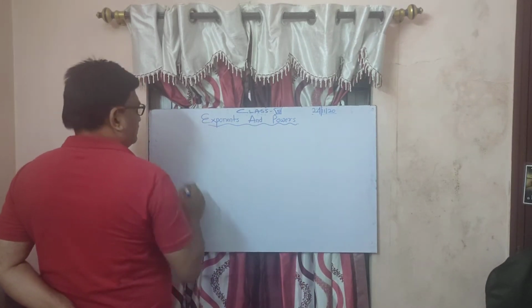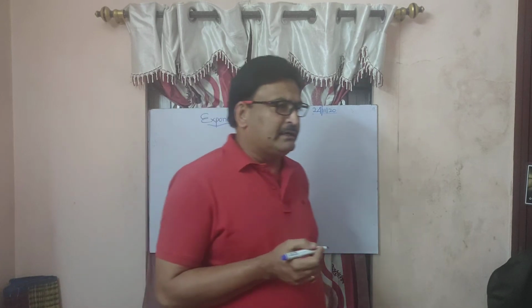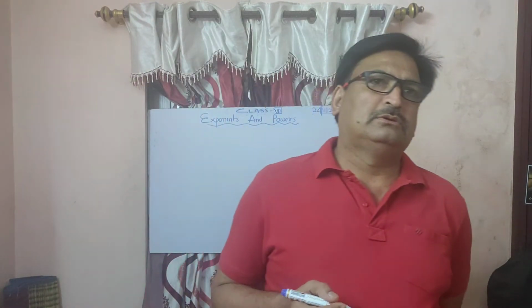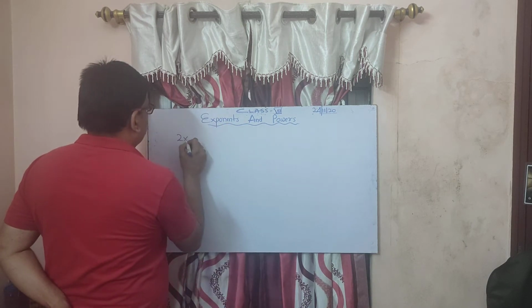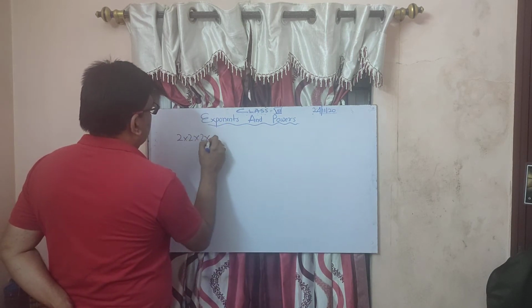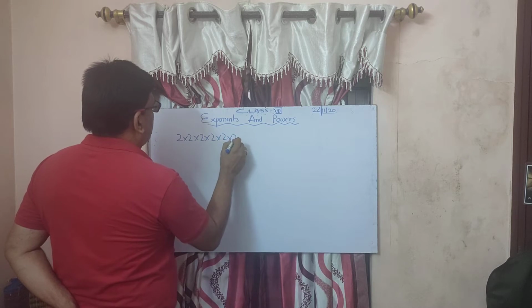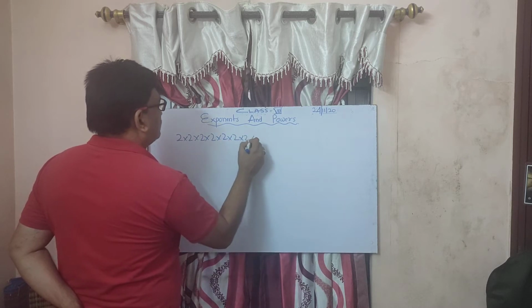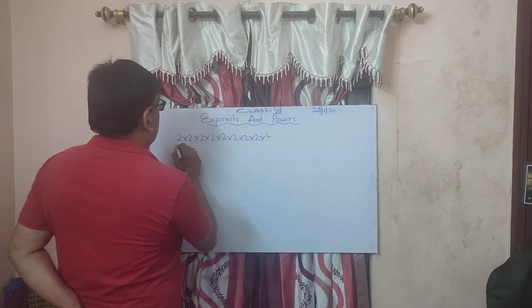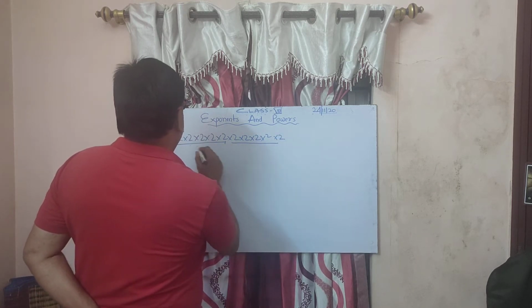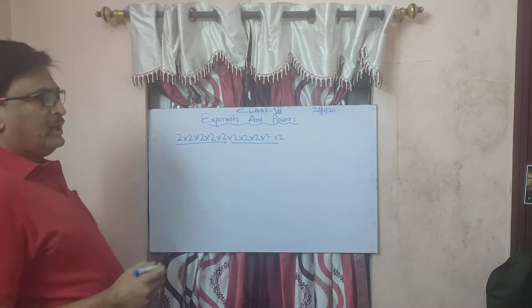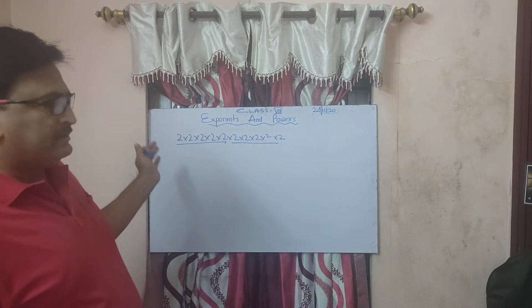Exponents. For example, if you have been told to write 2 ten times, 2 into 2 into 2 into 2 into 2 into 2 into 2 into 2 into 2 into 2, that is ten times.